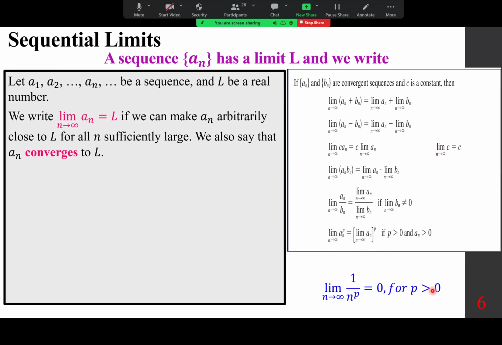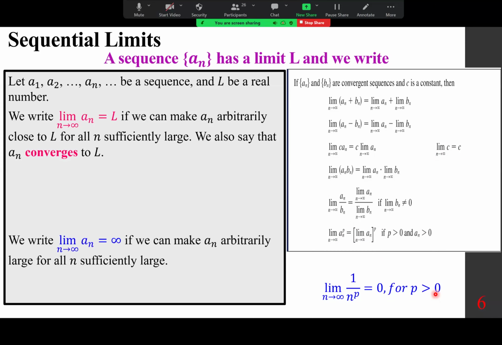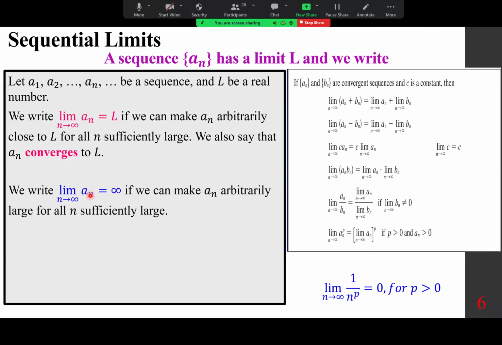Again, I'm reminding you of this theorem. The limit of 1 over n to the power of p as n approaches infinity is 0 for p larger than 0. We write the limit of a sub n as n approaches infinity is infinity if we can make a sub n arbitrarily large for all n sufficiently large.